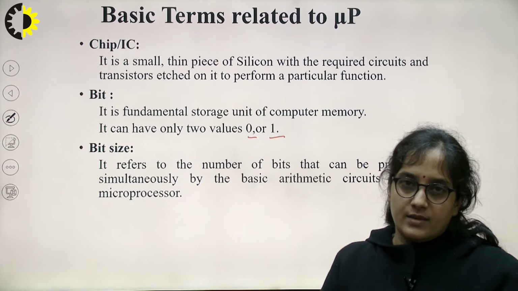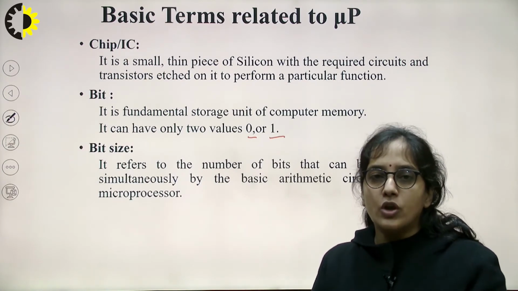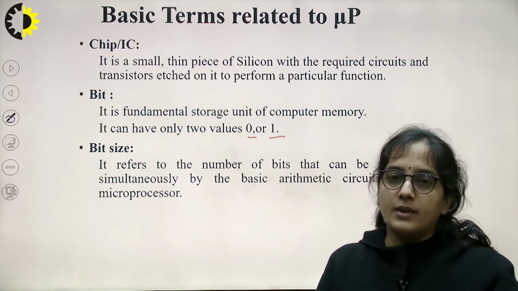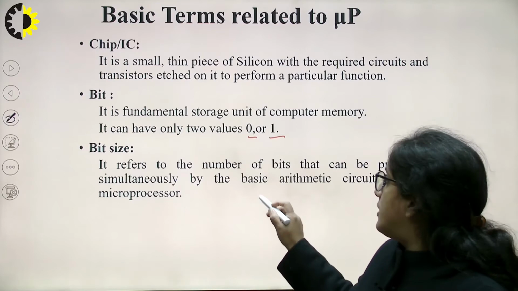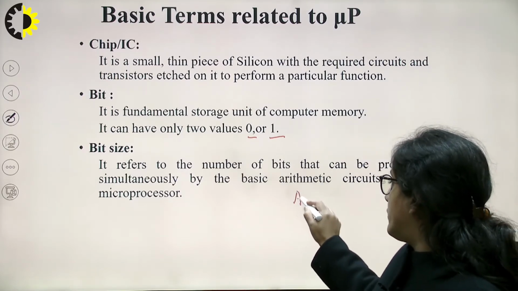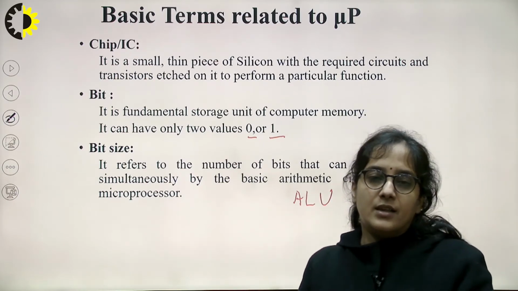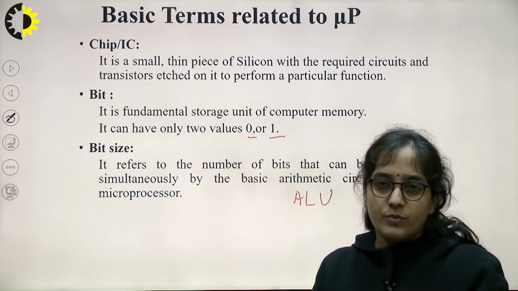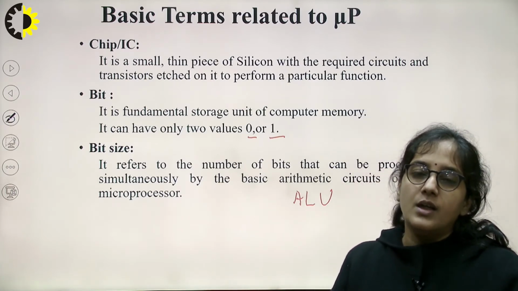Bit size is the number of bits that can be stored or processed by the microprocessor simultaneously, or we can say it is the number of bits which can be processed by the ALU. Okay. So, whenever we define a microprocessor as an 8-bit microprocessor or a 16-bit microprocessor, what does it signify?